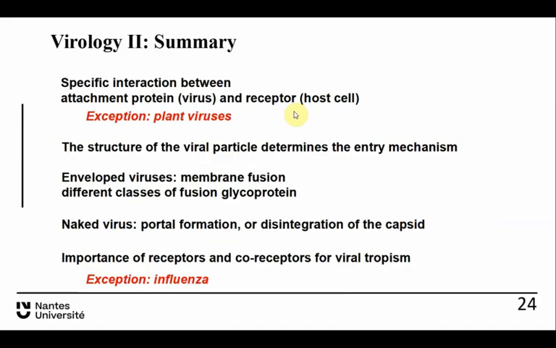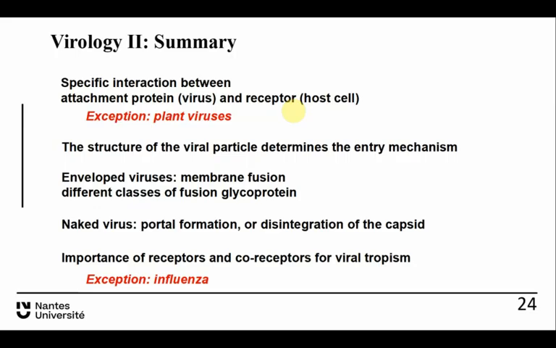So that's about the end for attachment and entry. The main points here: it all starts with a specific interaction between a virus attachment protein or glycoprotein and a receptor on the host cell. An important exception is plant viruses. There's no real specific entry receptor for most plant viruses. The structure of the virus particle determines the entry mechanism.